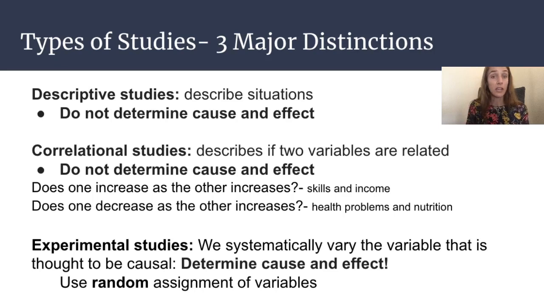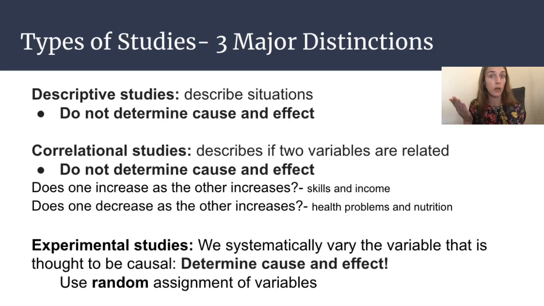We can do correlational studies in which we describe if two different variables are related. So again, much more on correlations to come, but correlational studies also do not determine cause and effect. They simply suggest whether or not two variables move with each other, all right?